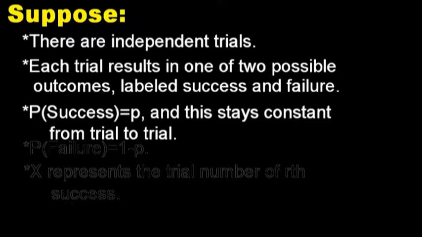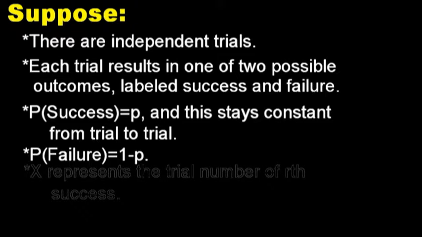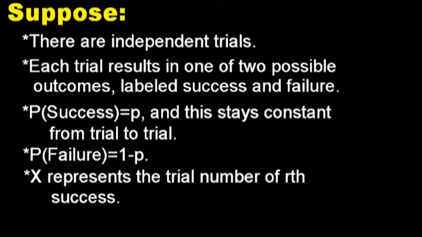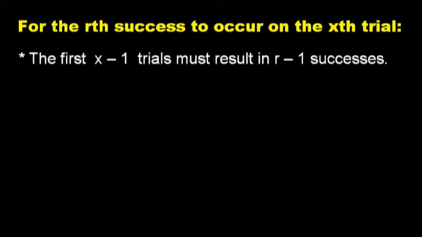The probability of success on a given trial is little p, which stays constant from trial to trial. The probability of failure is simply 1 minus p, and the capital X is a random variable representing the trial number of the rth success. In order for the rth success to occur on the x trial, we need a couple of events to occur.